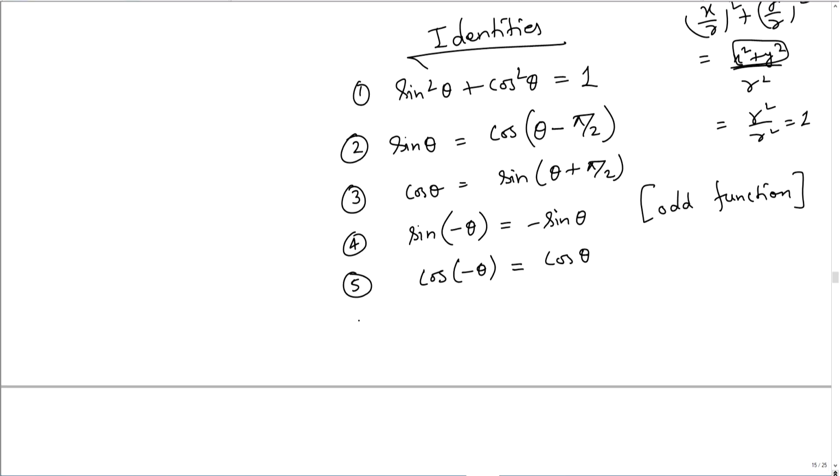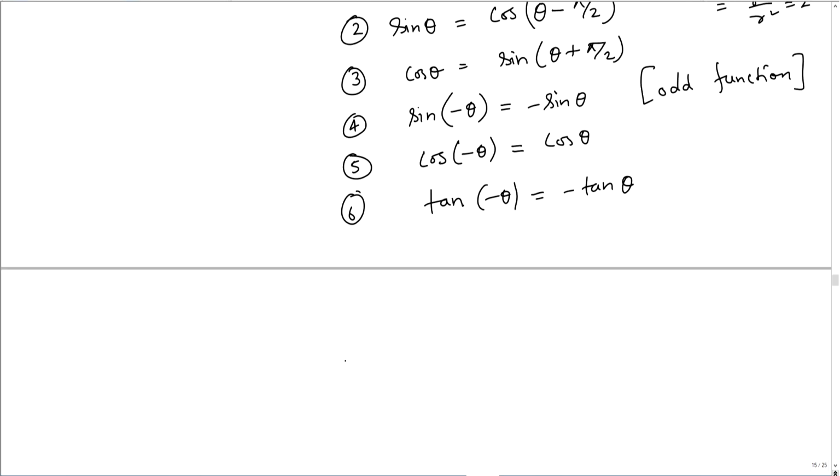So what kind of function is tan theta? Tan theta is again an odd function. Tan of minus theta would be equal to minus tan theta. Now there are these identities for sine of theta plus phi. Let's say there are two angles, theta and phi.